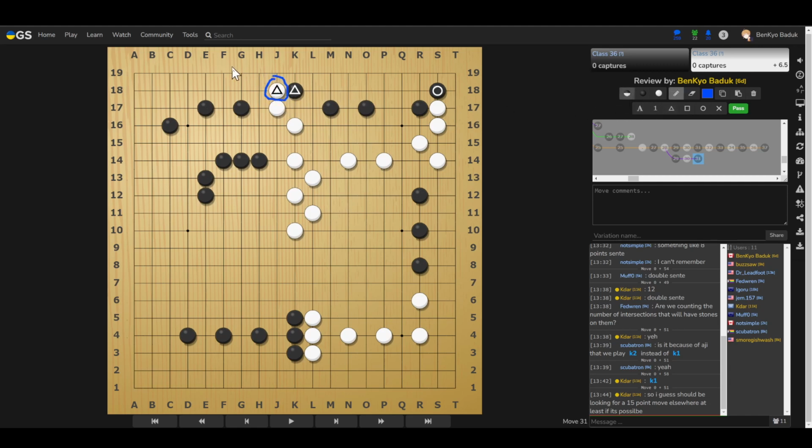Now there is this stuff like monkey jump on the other side. So it's like this sibling quarrel between the two black territories. They're like family members, or brothers or sisters, and they're fighting against each other now, because this exchange to give white a stone at J18 hurts that territory. So you need to be aware of every little exchange.